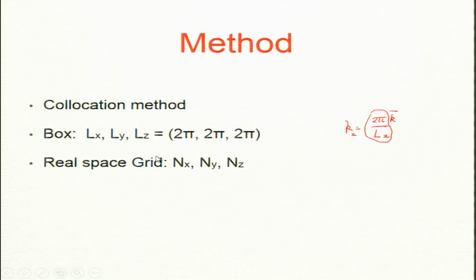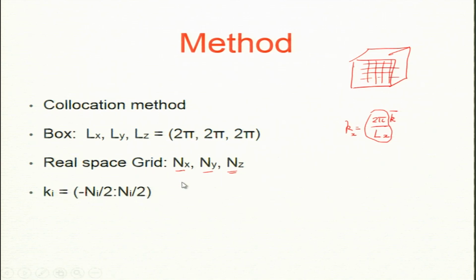In real space, we basically have a 3D box, and we discretize the whole space into a fine mesh, like in a finite difference scheme. Along the x direction it is nx, along y it is ny, along z it is nz. Along each direction, since it is a Fourier decomposition, it runs from minus ni by 2 to ni by 2. The Fourier wave number takes both negative and positive values.